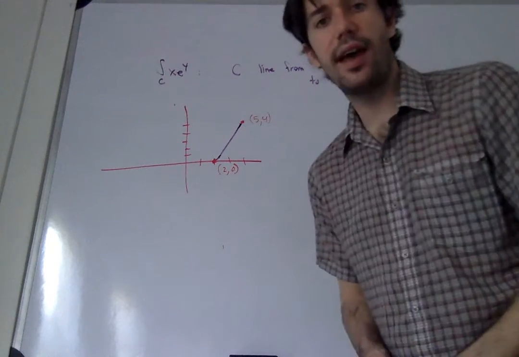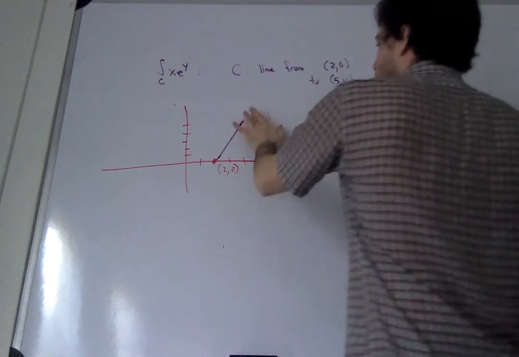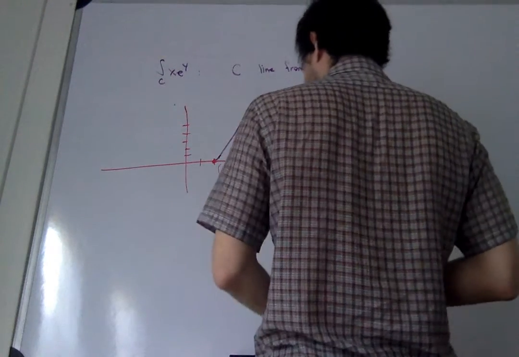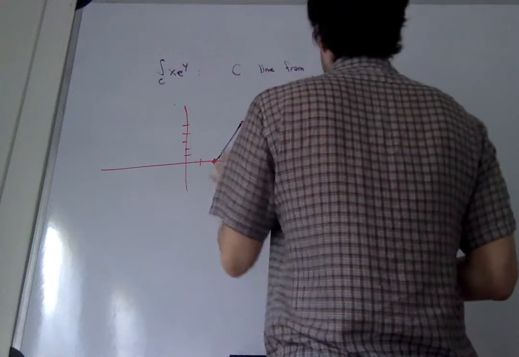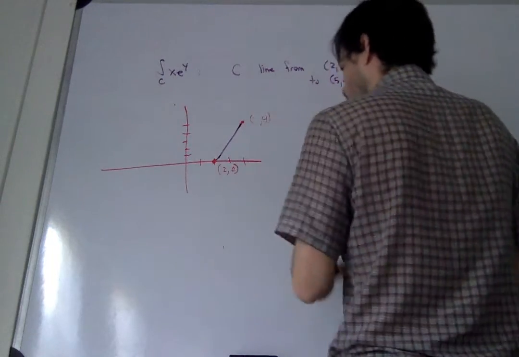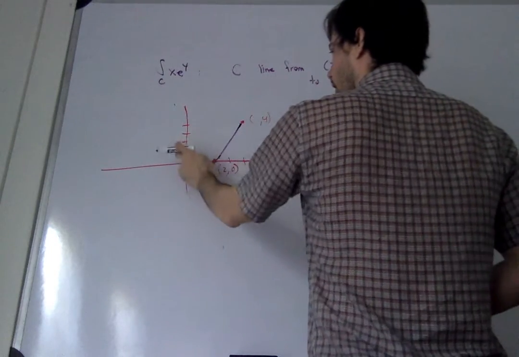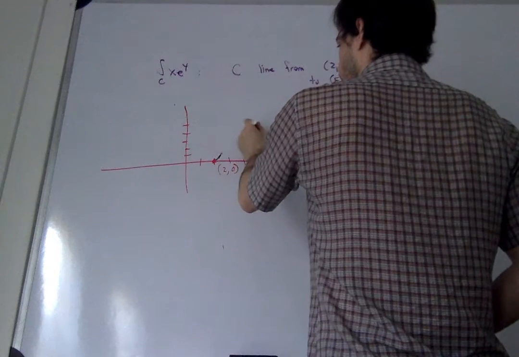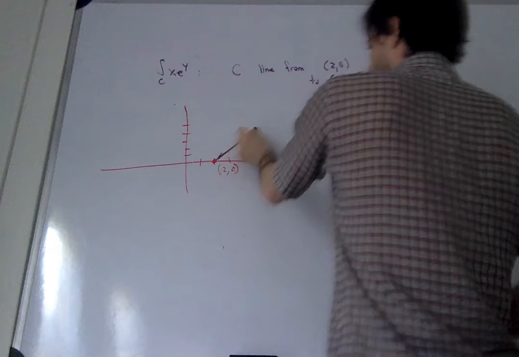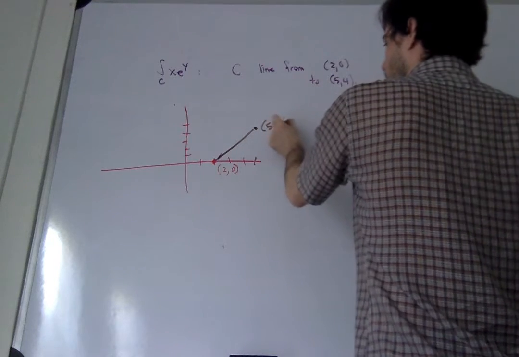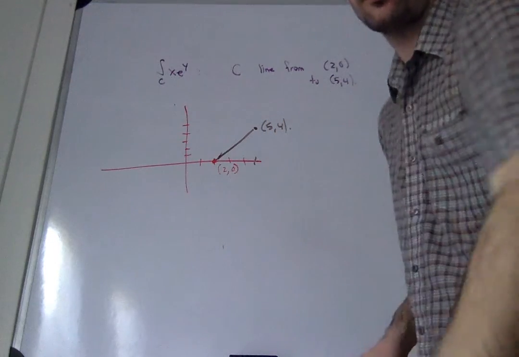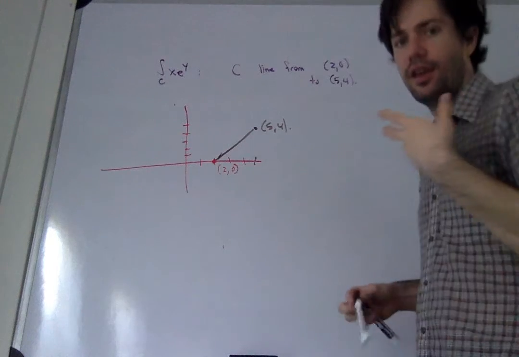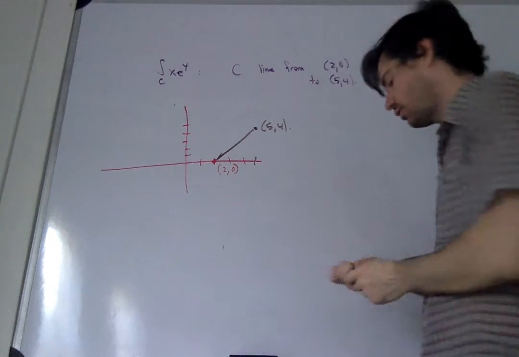And of course, I got my points backwards. This should be, let's see, 5 and 4. So it should be a little lower, right there. Okay, (5, 4). So all we've got to do is find the curve that connects these 2 points.